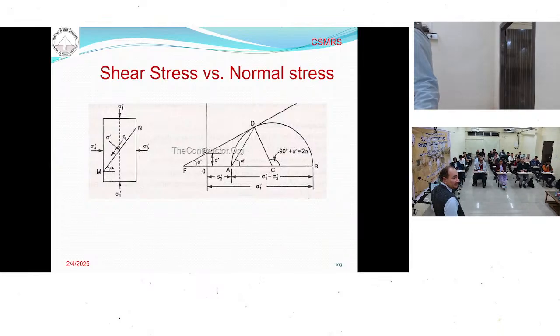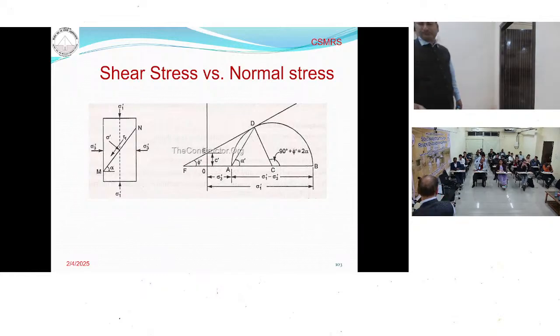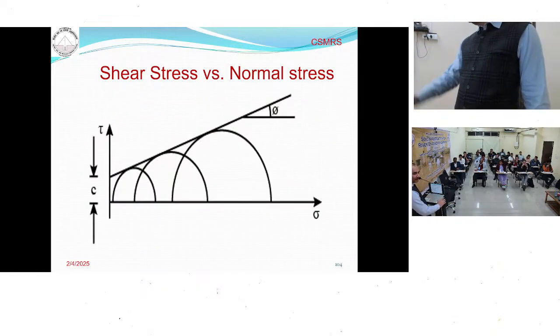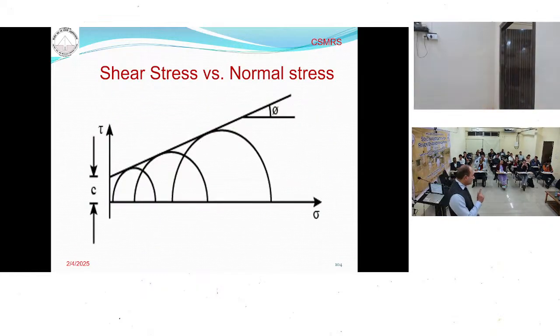So these are the pictures. This is the sample, with the normal stress, cell pressure, and deviator stress. This is the Mohr circle for the sample. Your cell pressure, your deviator stress. That is why I am saying that for one test, you have to test three specimens: 1 kg per cell pressure, 2 kg cell pressure, 3 kg cell pressure.